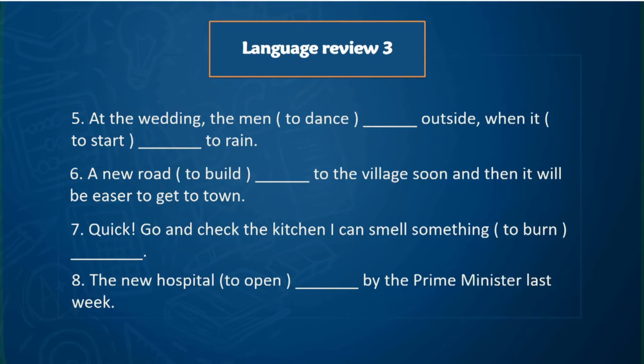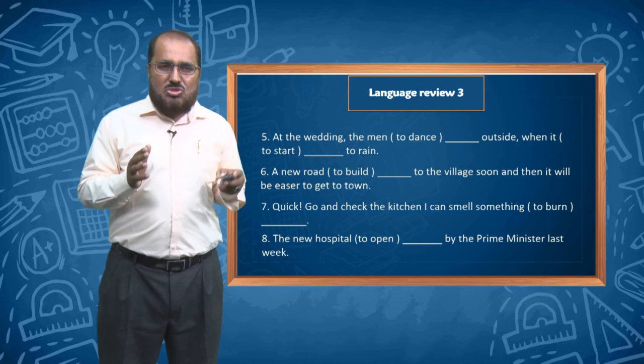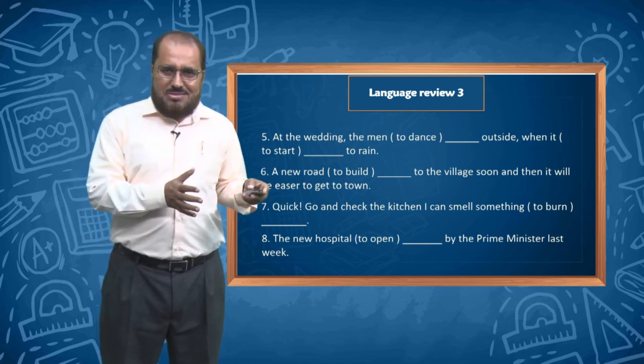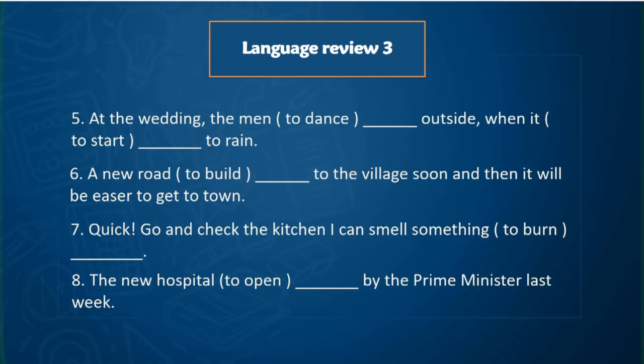More examples? Exercises. Number 5. At the wedding, the men to dance outside when it to start to rain. So, men, dance and rain. What was continuous? What happened suddenly? This is to set the scene. Think of this.